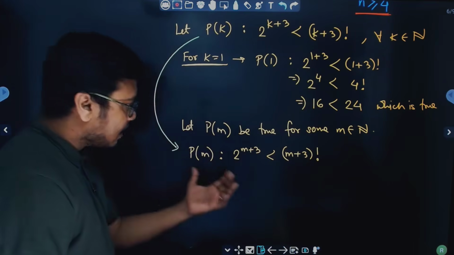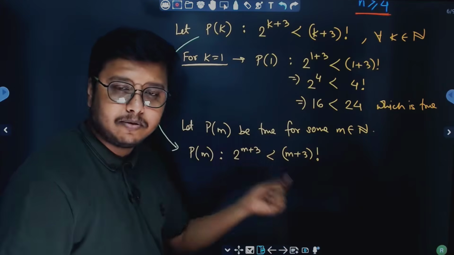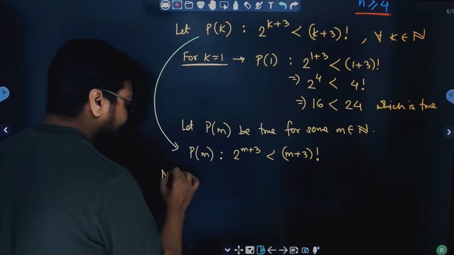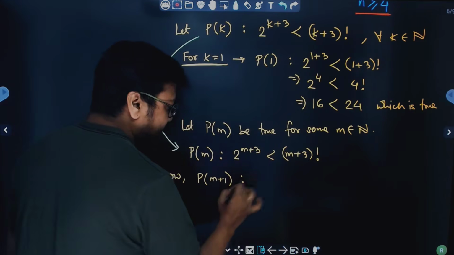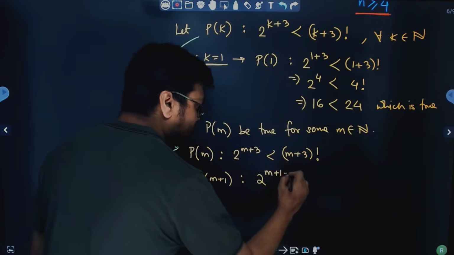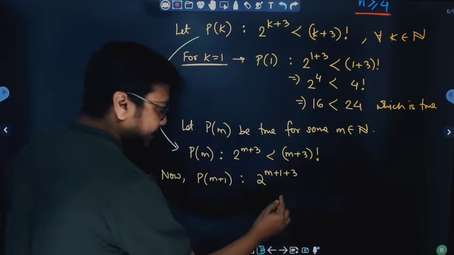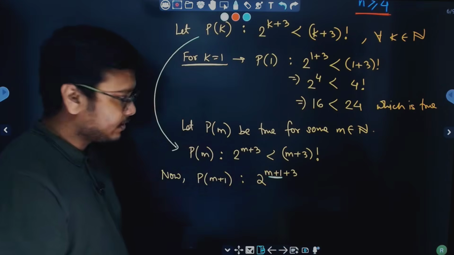Now with the help of this statement I need to prove that the m plus 1 statement is also true. So now P(m+1) would be 2 to the power m plus 1 plus 3, right? I've taken the m plus 1 right over here and the plus 3 along with it.